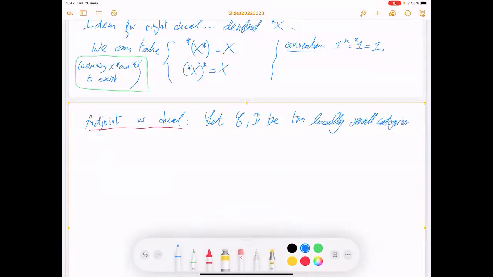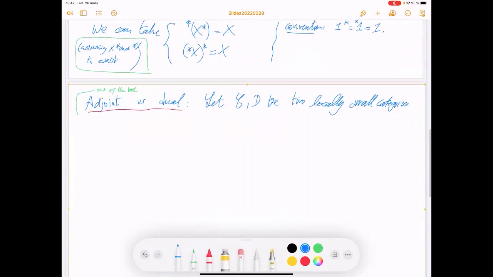I recall that this means that the morphisms between two objects form a set. So this is out of the book. So you have two locally small categories, and you take two functors.